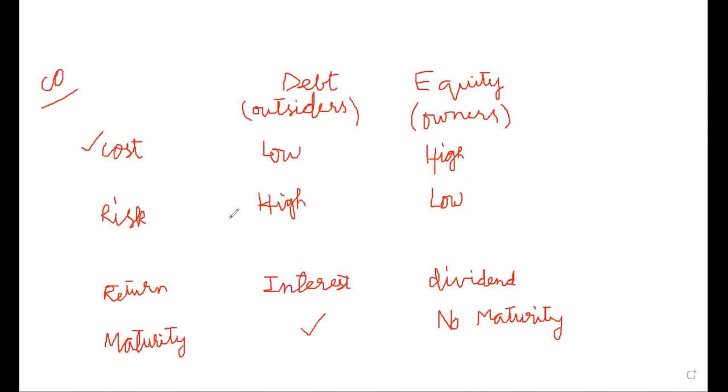Even when the interest rate rises in the market, it would not rise for the company. The company will continue to pay the interest at the pre-decided fixed rate. On that note, we see that the cost of capital is low for debt capital. So cost is low for debt capital.